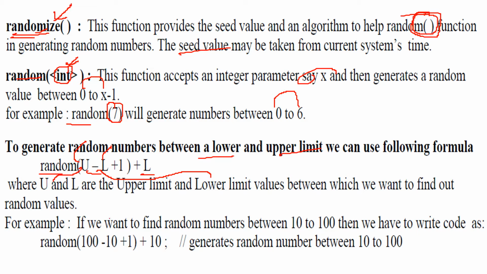For instance, if you want random numbers between 10 and 100, we write random(100 minus 10 plus 1) plus 10. So this will generate a random number between 10 and 100.